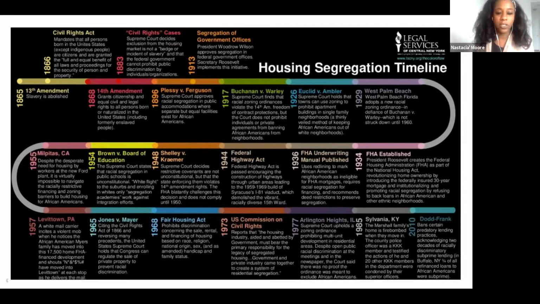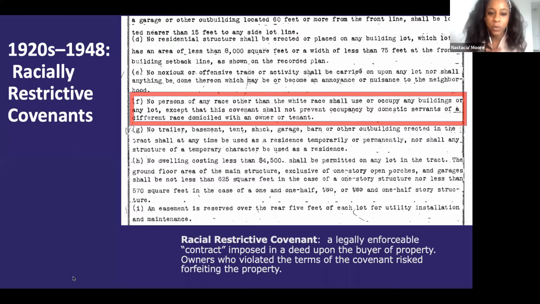I wanna start off with racially restrictive covenants. Let's move on to the next one, please. So racially restrictive covenants were a response, you all, to the Great Migration, a time where Black folks migrated from Southern states to Northern states for greater opportunity that the South didn't provide.